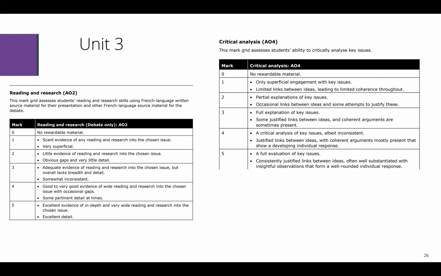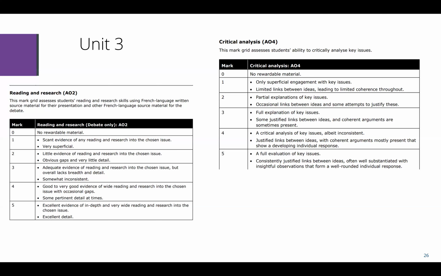So in terms of teaching your students, I think it's good to start that even before they have to consider their international GCSEs. You can see it says justified links between ideas with coherent arguments, and they can develop an individual response. It assesses, it says at the top, the student's ability to analyze the issues that they have raised.